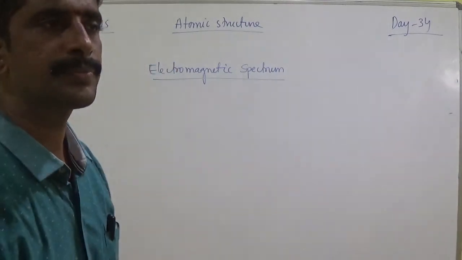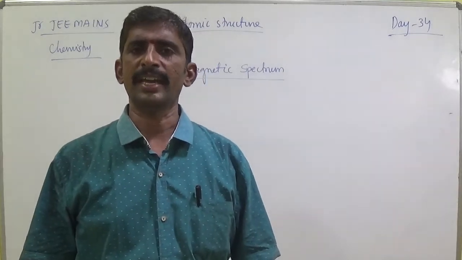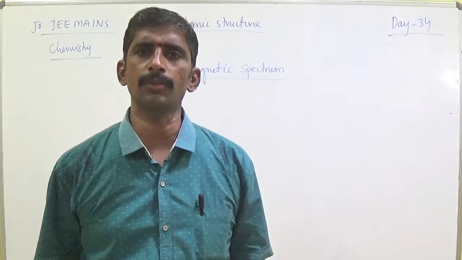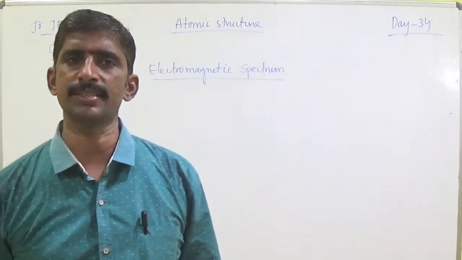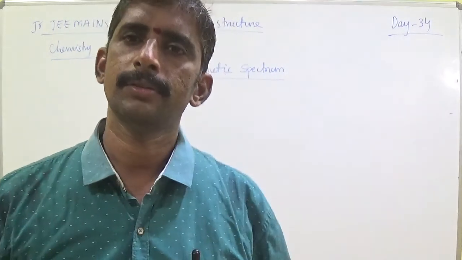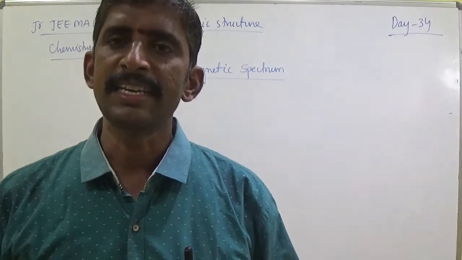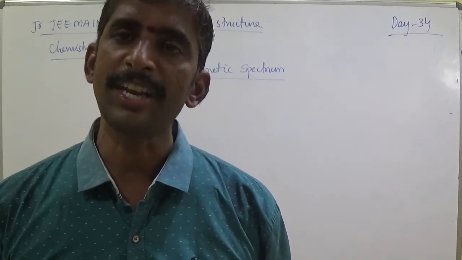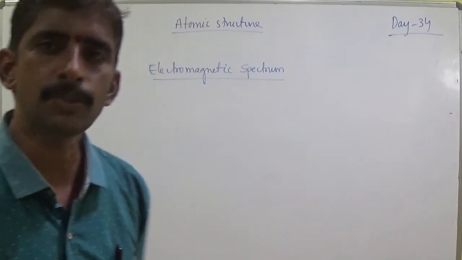Electromagnetic spectrum means the arrangement of different radiations with increasing order of wavelengths or decreasing order of frequencies with the same velocities is known as electromagnetic spectrum.